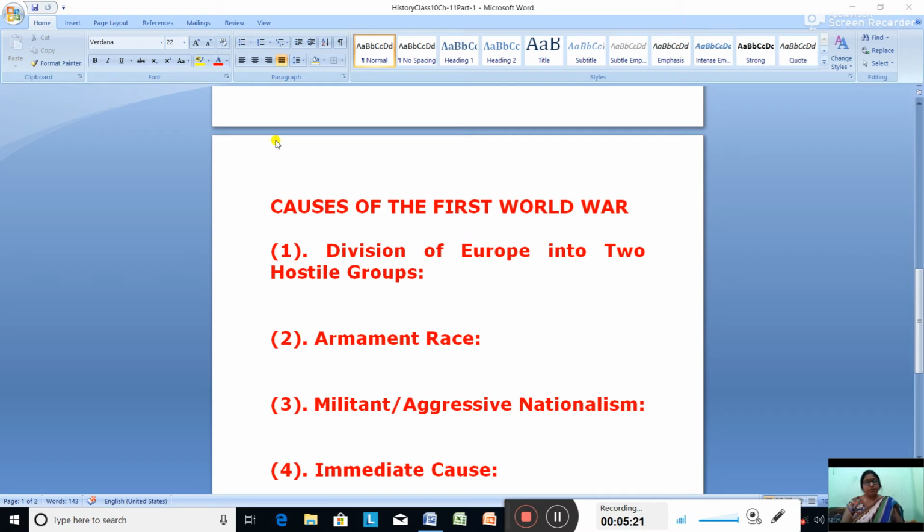At the same time, Germany began to increase its naval force and started large scale production of arms and ammunition. So this resulted in a race of armament among the rival groups. Which two rival groups are we talking about? The Triple Alliance and the Triple Entente. So this you have to remember.